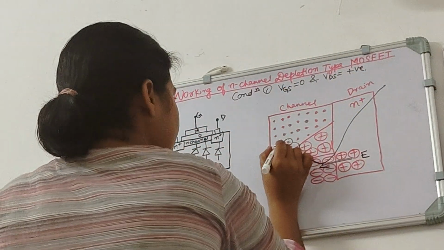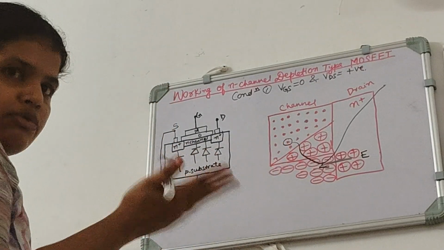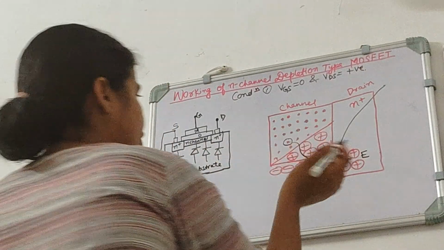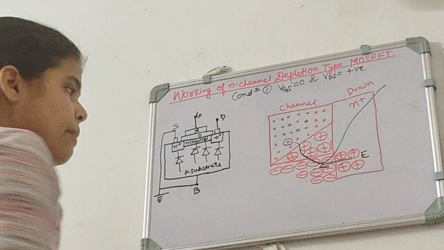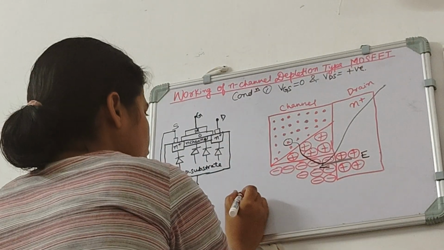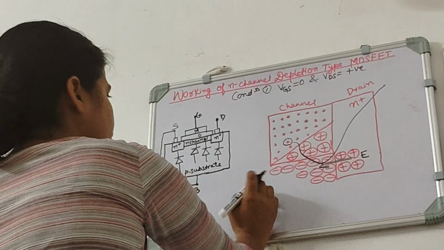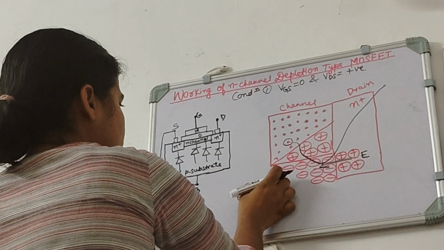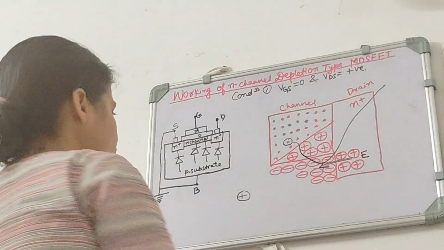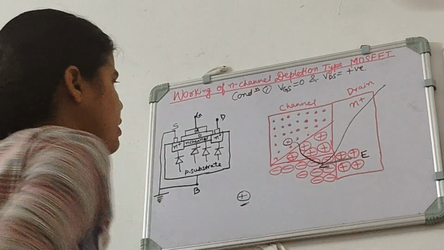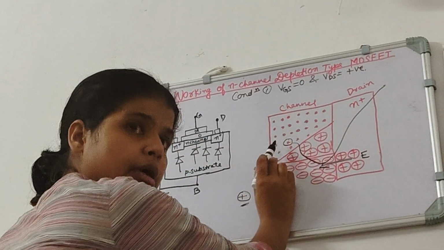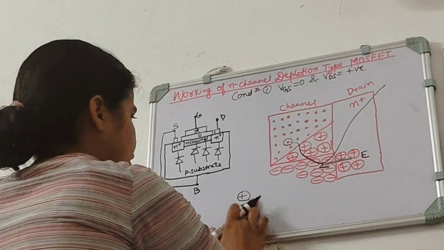Okay, so if this electron moves out from the drain, then what will be left? Because in N-type material we have a positive ion paired with an electron. So if the electron is removed or moves out, then what will be left? A positive ion.